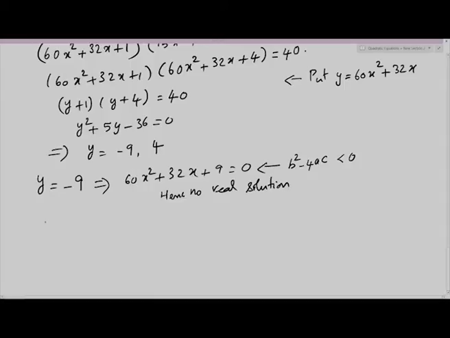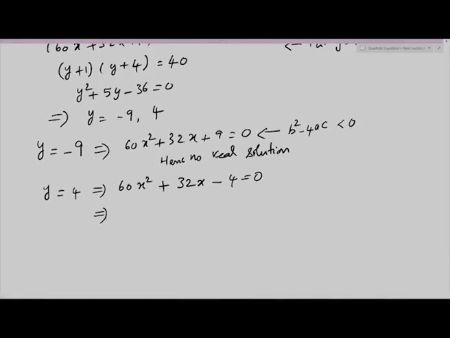Now let us check with the other value, y equal to 4. The equation becomes 60x square plus 32x minus 4 equal to 0. Here b square minus 4ac is greater than 0, and hence I get two real solutions, namely x equal to minus 4 plus minus square root of 31 divided by 50.